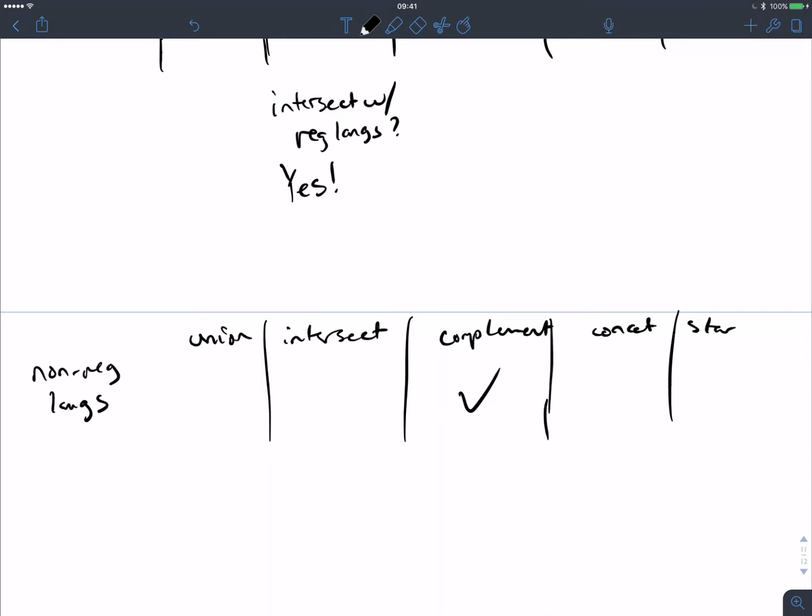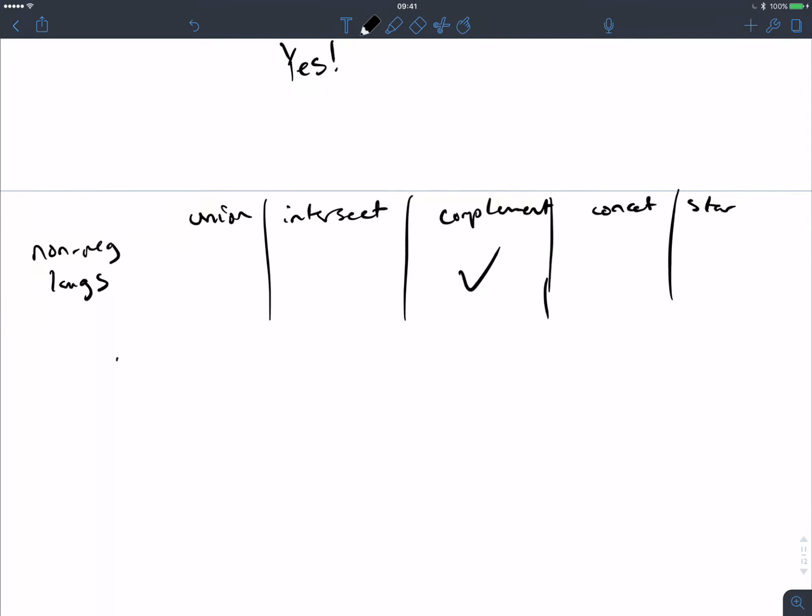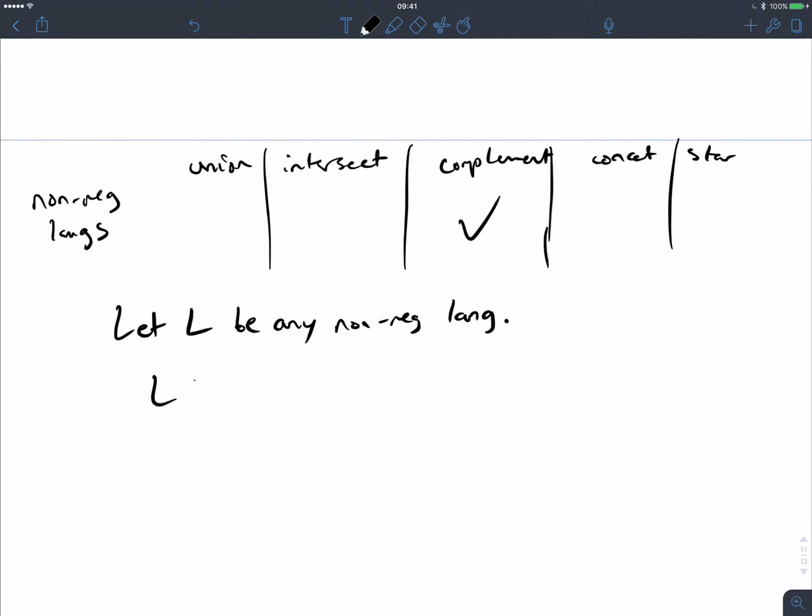So is the union of two non-regular languages non-regular or not? Closed under union for regular. That's not necessarily true. So let L be any non-regular language. What is L union the complement of L? What is any language union with its complement?